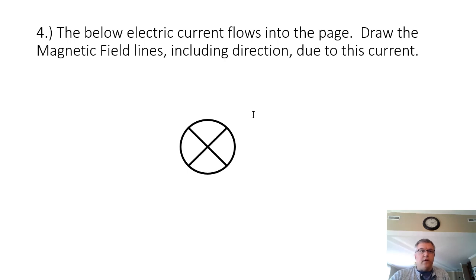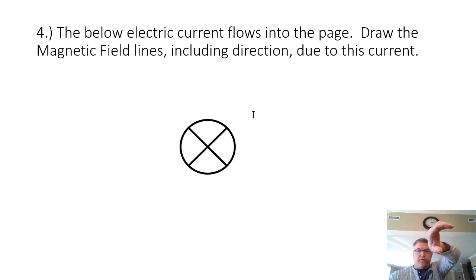Number 4 tells me that the electric current is flowing into the page. So the electric current is going in the negative Z direction. And they want us to draw the magnetic field lines, including the direction, due to this current. So if my current is going into the page, my thumb needs to be pointed toward the page. Let me just get it centered there.